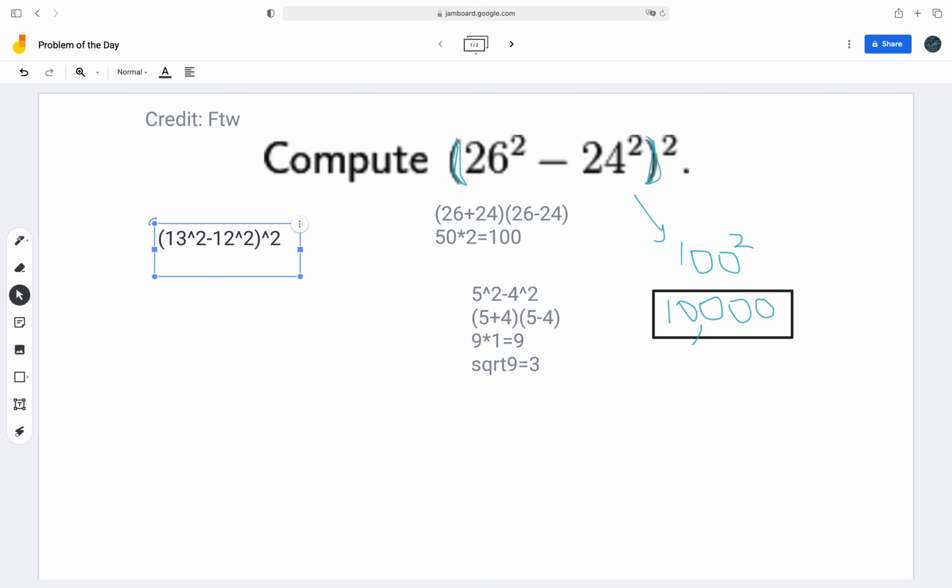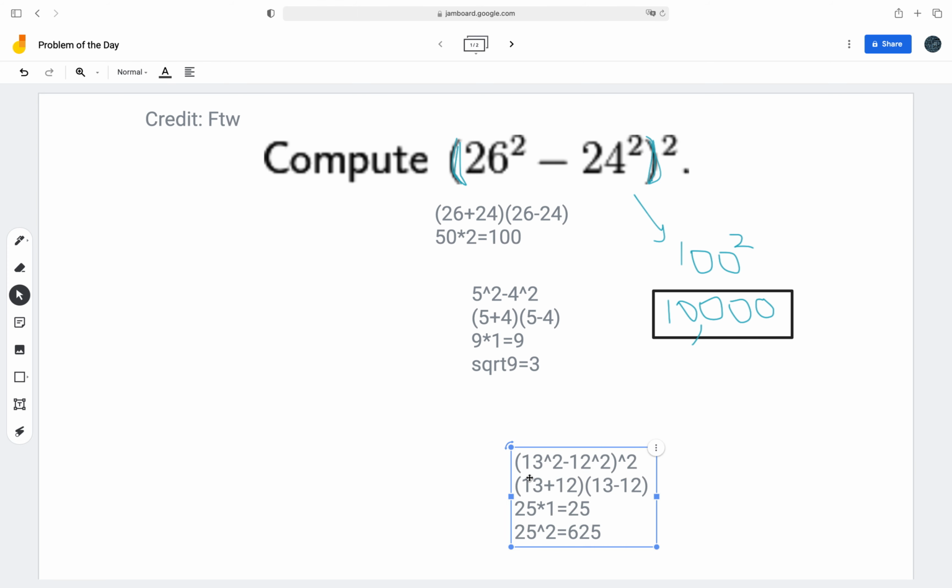So let's see if we can get this. Same thing, we just need more repetition. 13 plus 12 times 13 minus 12: 25 times 1 equals 25. We still have to square that. So 25 squared equals 625. So that would be our answer for that one.